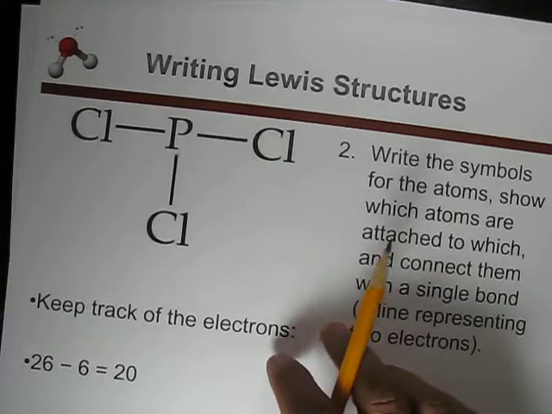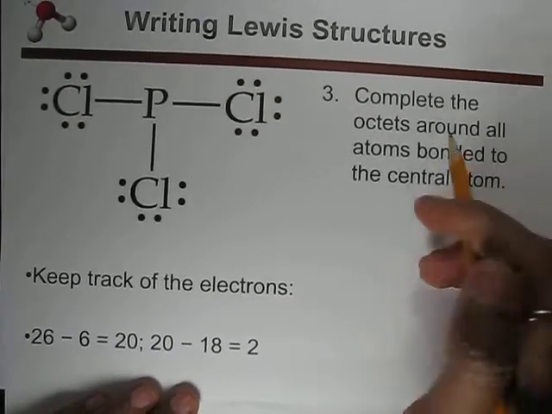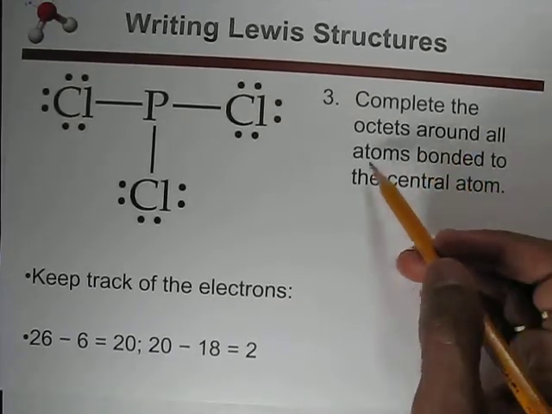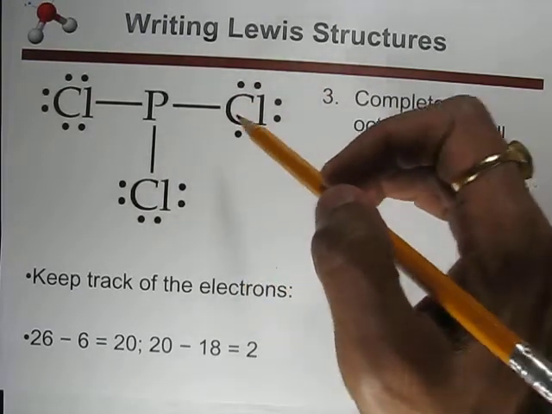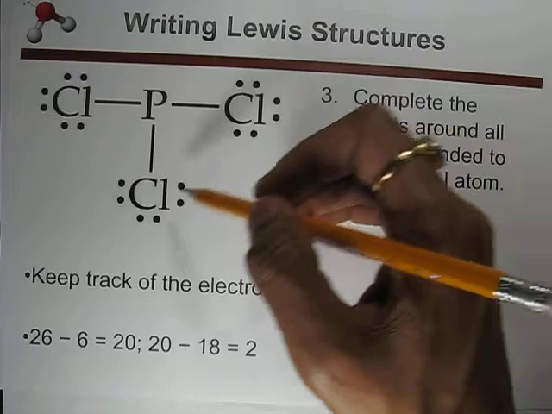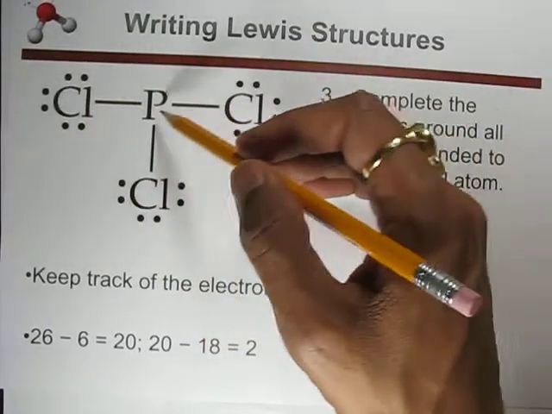So let's see where the remaining electrons will go. Complete the octet around all the atoms bonded to the central atom. First we have to complete the octet of each atom bonded to the central atom.